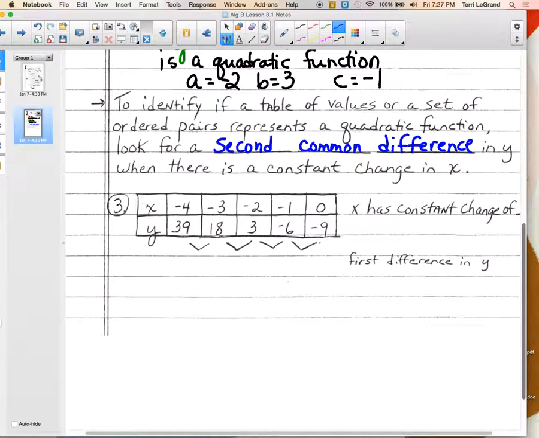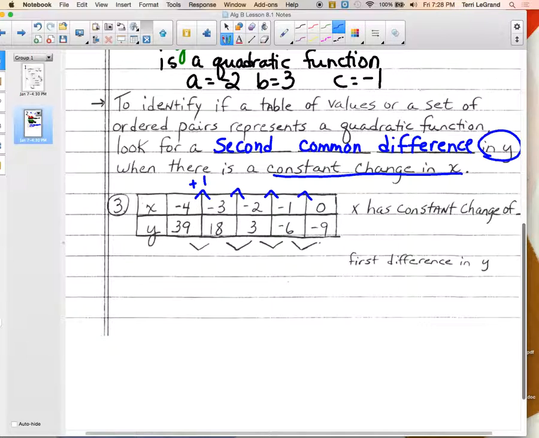We're going to look for a second common difference in y. Notice it's the y's that we're going to talk about, when there's a constant change in x. So we still have to have a constant change in x, and that's the first thing we'll check. Do we have a constant change in x? When you go from negative 4 to negative 3, the x just went up 1.